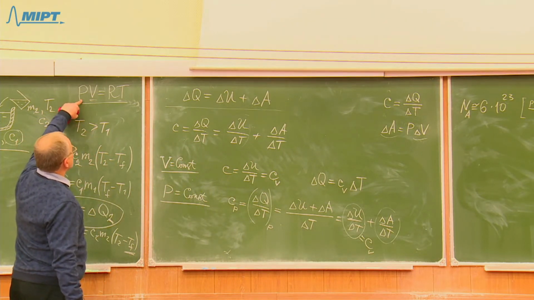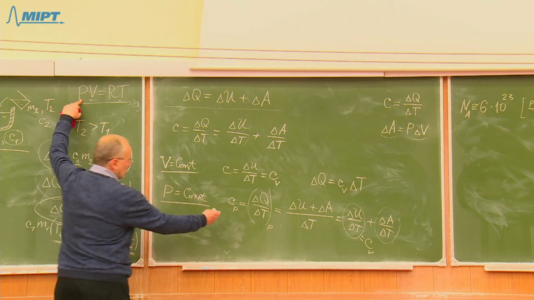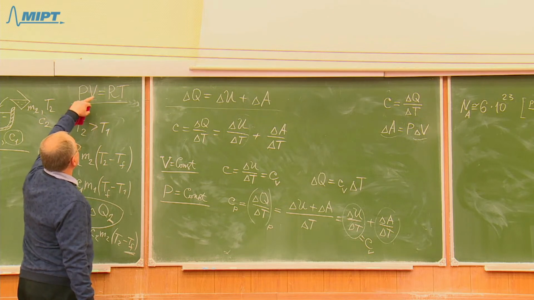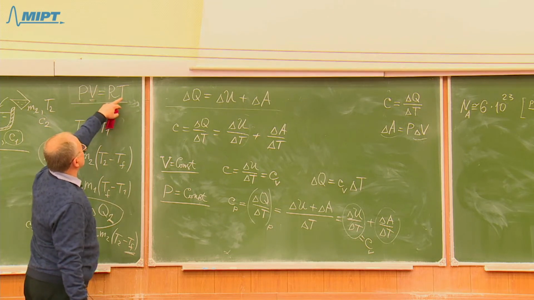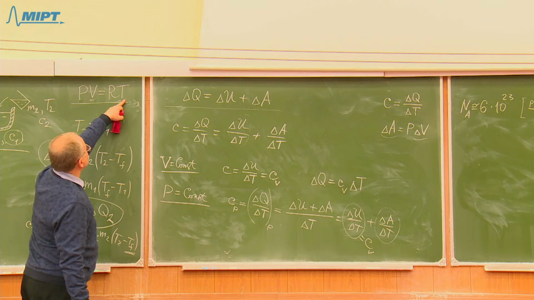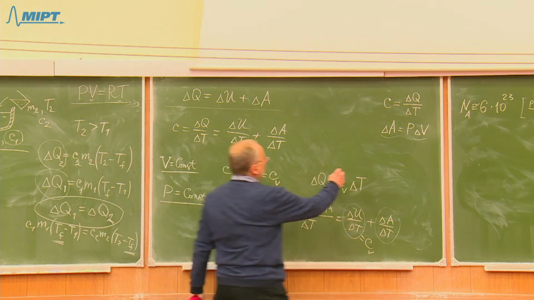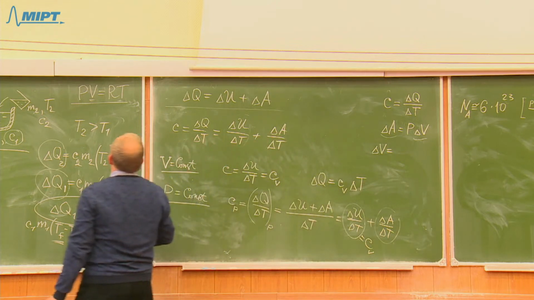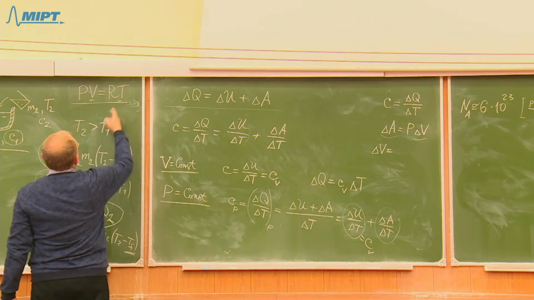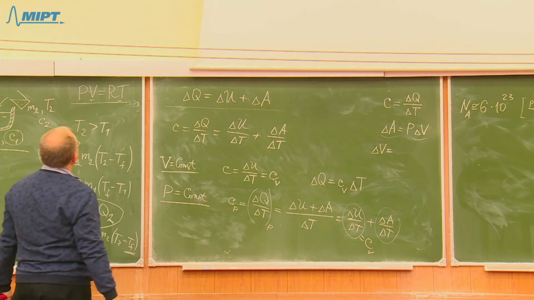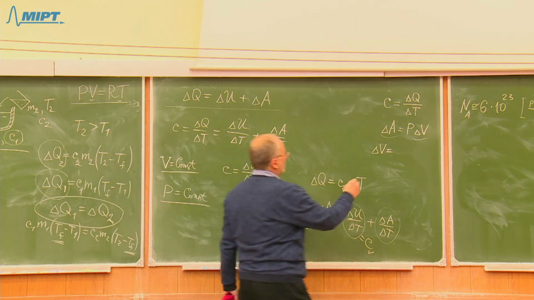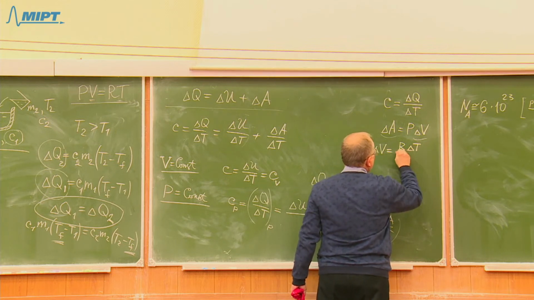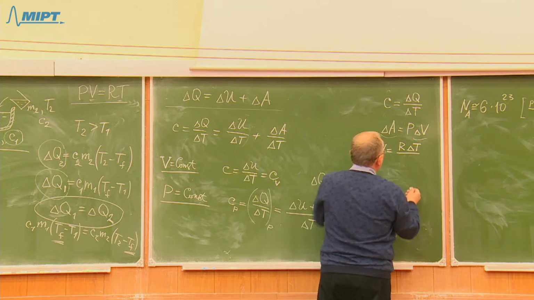So if pressure is constant, and we consider this situation when pressure is constant, then the change in volume will be proportional to the change in temperature. And the change in volume can be expressed in this particular case as R delta T divided by pressure.